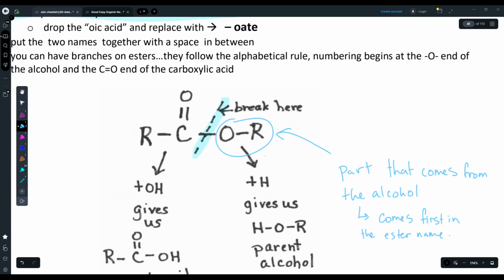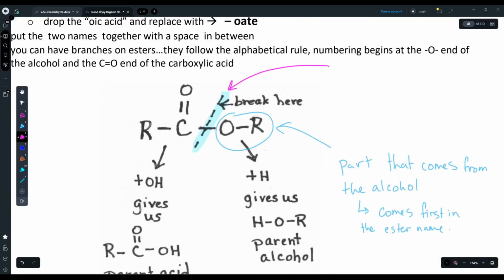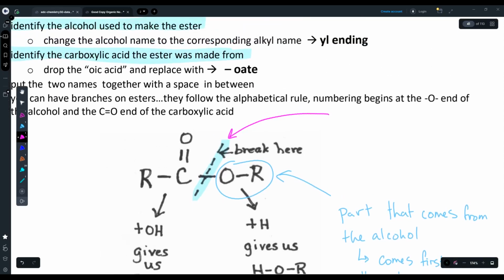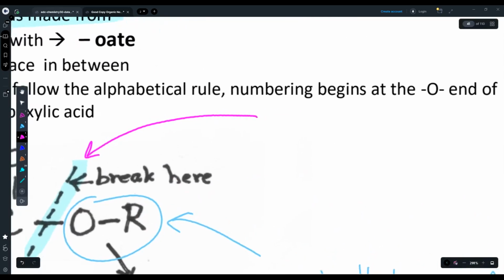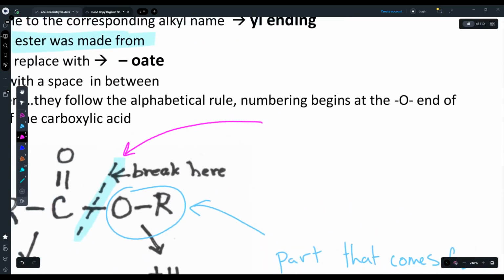What I'm also going to write as a note, we'll put up here. I said this out loud, just didn't write it out. First, locate the break point.